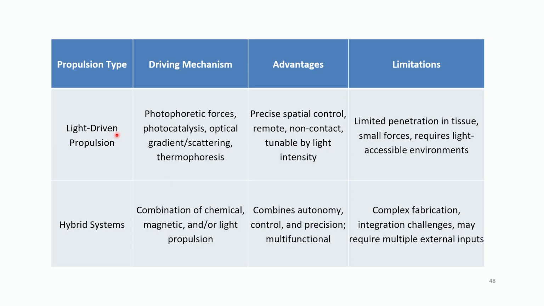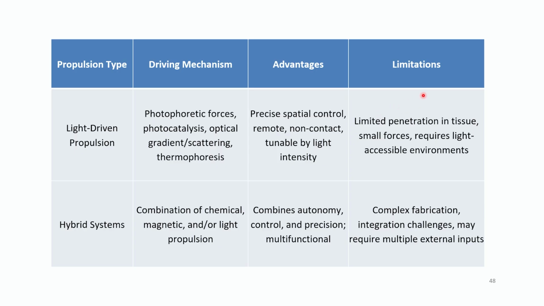Light driven propulsion: the driving mechanism is photophoretic forces, photocatalysis, optical gradient scattering and thermophoresis. The advantages: precise spatial control, remote, non-contact and tunable by light intensity. Limitations: limited penetration in tissue. As you know, light is going to have limited penetration inside your tissue.